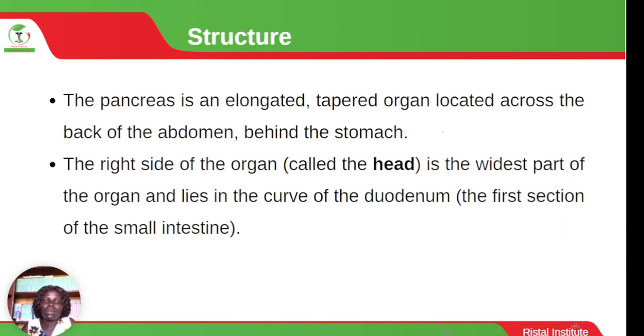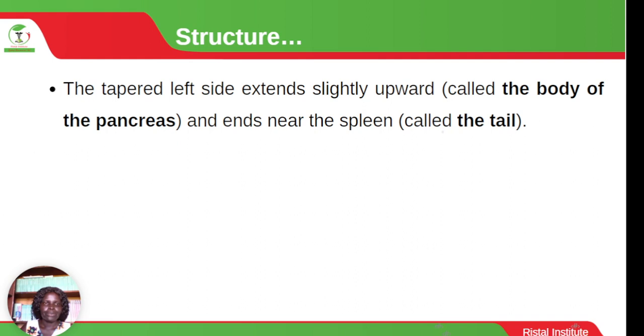The structure. The pancreas is an elongated tapered organ located across the back of the abdomen behind the stomach. The right side of the organ, called the head, is the widest part of the organ and lies in the curve of the duodenum, the first section of the small intestine, like we have mentioned before.